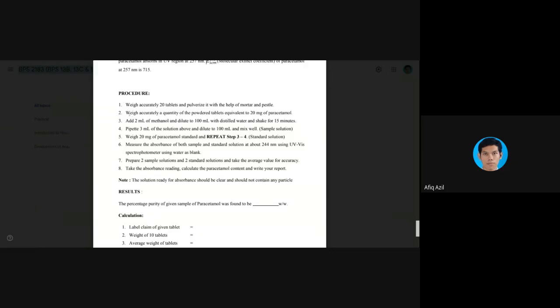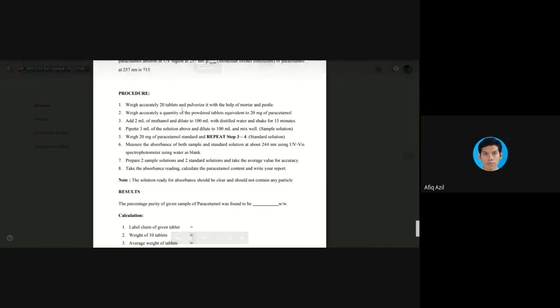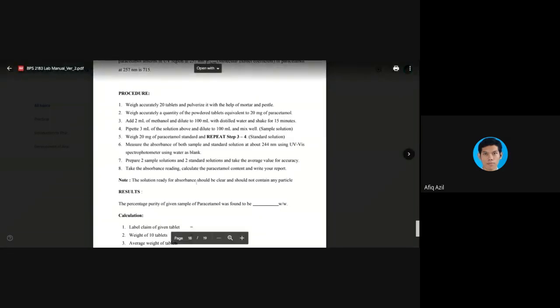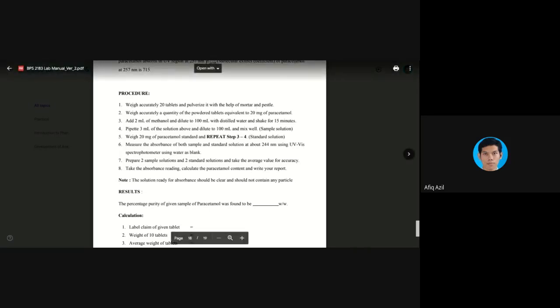So what you have to do in the second step is to calculate how much of the powder you need to represent 20 milligram, because in the first step you have 20 tablets. Let's say the strength of each tablet is 500 mg, so 20 times 500 mg would be equal to 10,000 mg. So 10,000 milligram of paracetamol is available in the total weight of the whole 20 tablets.